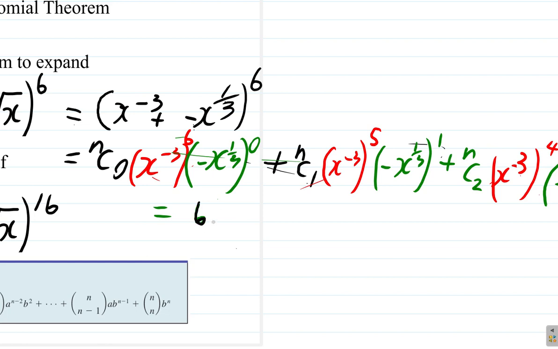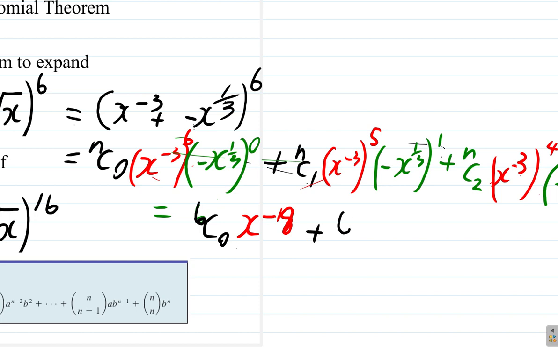It is 6C0. Then x to the negative 3 to the power of 6, you must multiply the indices now. So it's to the power of negative 18. And then negative 1/3 to the power of 0. When you raise any number to the 0, you get 1. So times 1. But you don't have to write it there, the 1. You can leave it out.